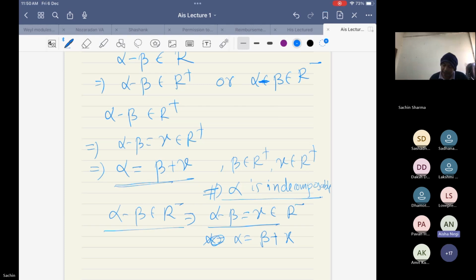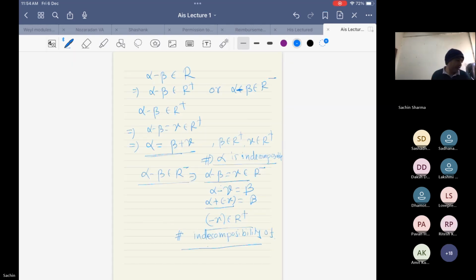Then again, we will say something about alpha. So here is the trick: the same argument, alpha minus gamma is equal to beta, but this is nothing but alpha plus minus gamma. What is minus gamma then? Minus gamma is positive. So that's it.